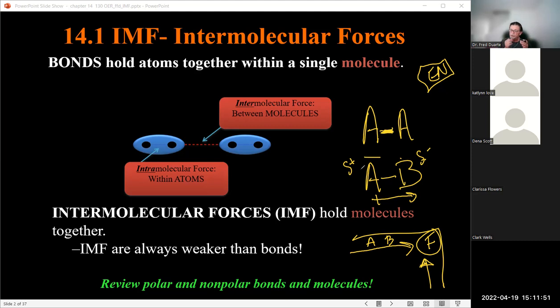Remember Lewis dot structures? Okay, because the Lewis dot structure gave us the geometry of that molecule. And that arrow represents, if you recall, what we call in mathematics a vector, meaning that the length of that arrow has magnitude, has value and direction.